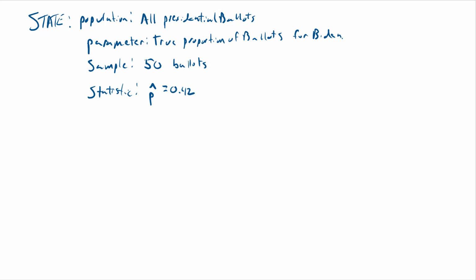So in the state part, I'm going to list everything we did in the beginning. The population, parameter, statistic, and proportions. The only thing we left off on this was initially when I talked about being 95% confident.